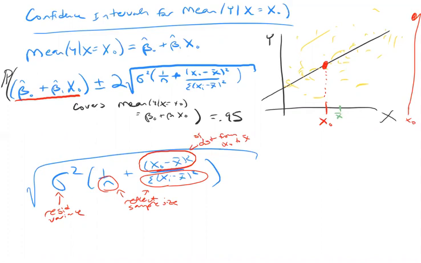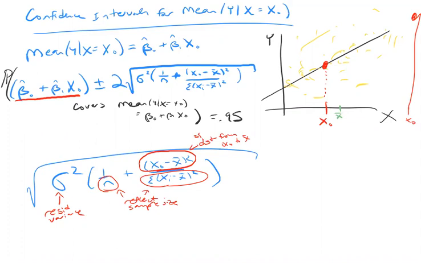Which should be intuitive. The more data you have, the more sure you are about where the mean of y is when x is equal to 3. So if the sample size of your data set is very big, then these two denominator quantities I've circled are big, which means the width of the interval will be smaller, right? Whereas if these two quantities are smaller, then you might still have a pretty wide interval. Again, there's not a lot of data, so I really am not so sure what the mean of y is when x is equal to 3.